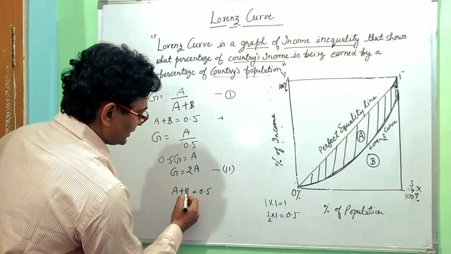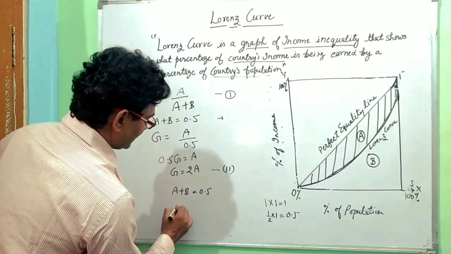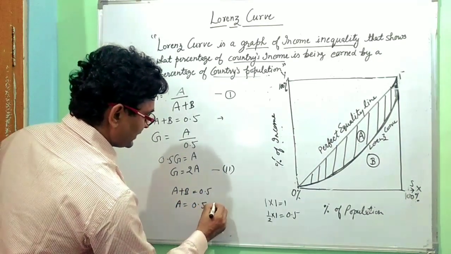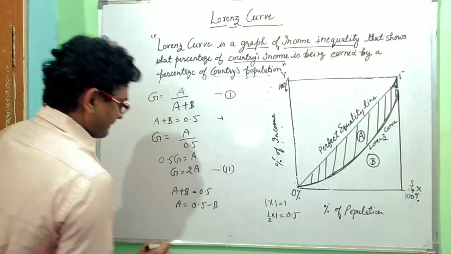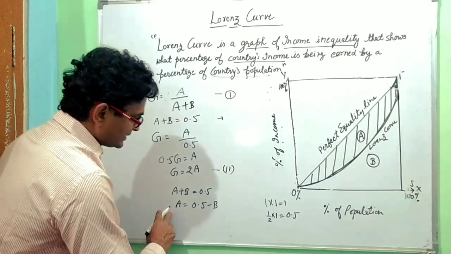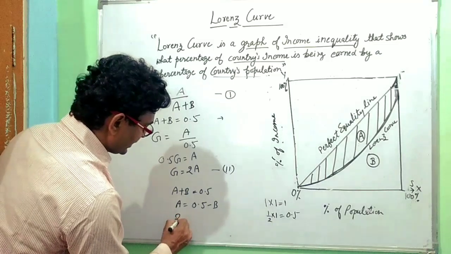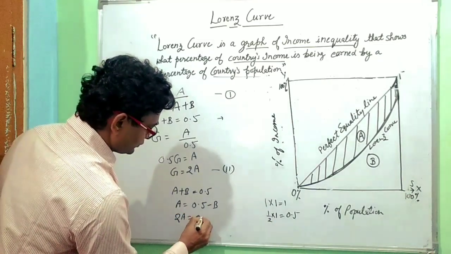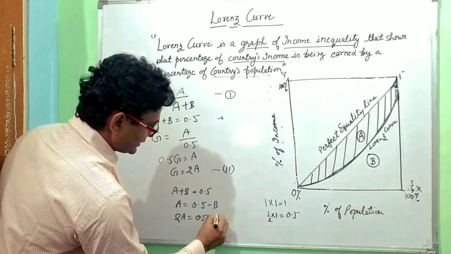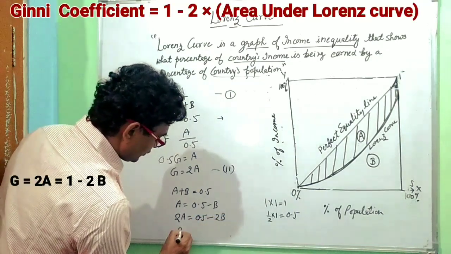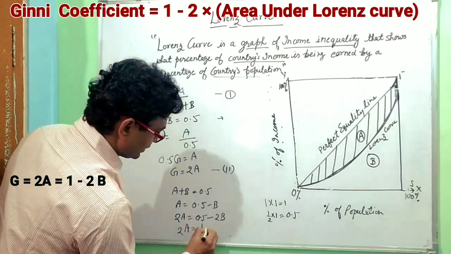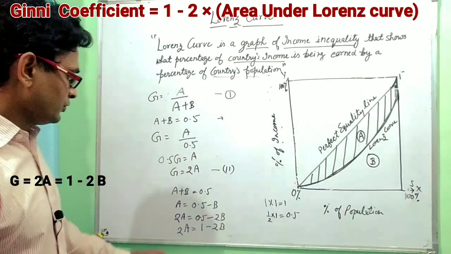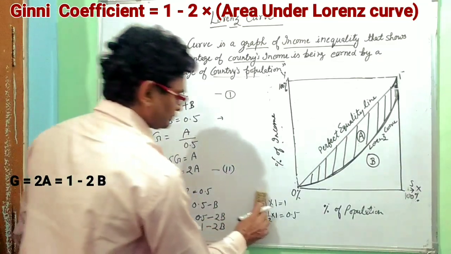If we move this B to the other side, we get A is equal to 0.5 minus B. If we multiply this whole equation by 2, we get 2A is equal to 0.5 into 2 minus 2B. So 2A is equal to 1 minus 2B.